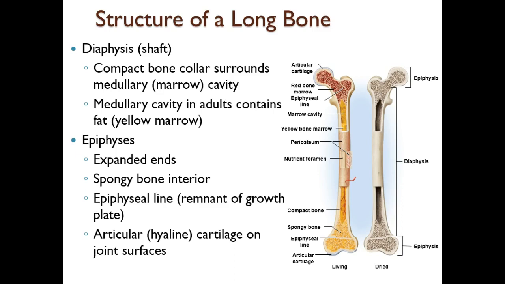That just means that there's going to be some sort of a joint or connection with something else. So wherever there's a bone that's going to articulate with another bone, and here, this is the femur, the head of the femur is going to articulate with the pelvis, right?